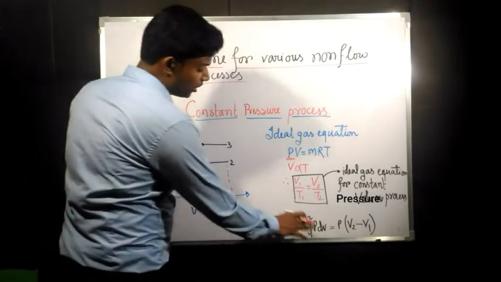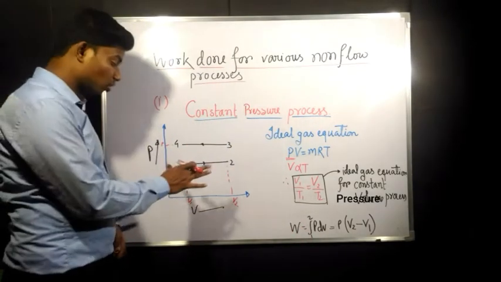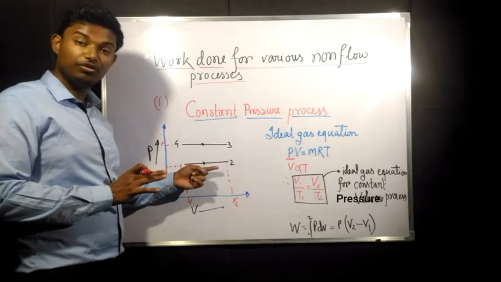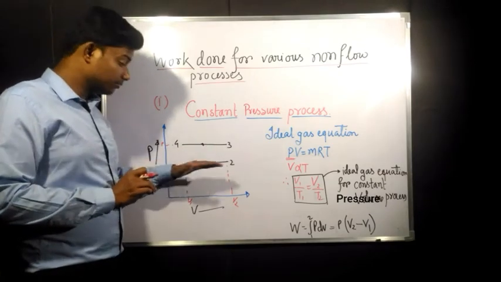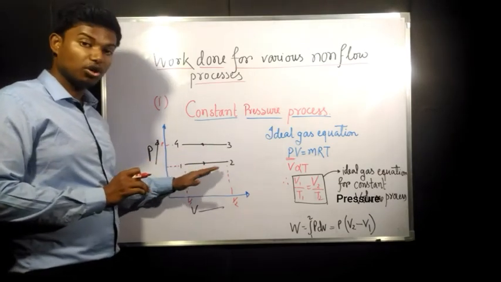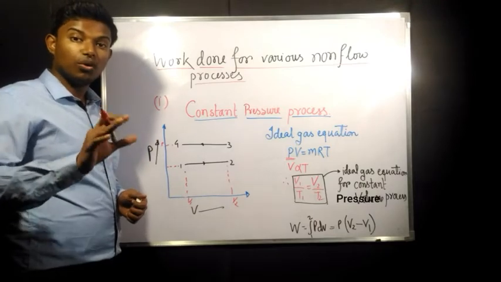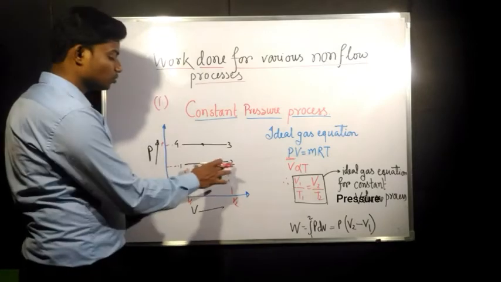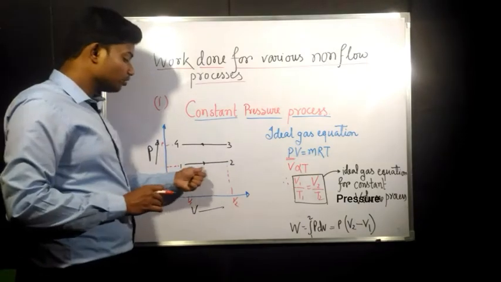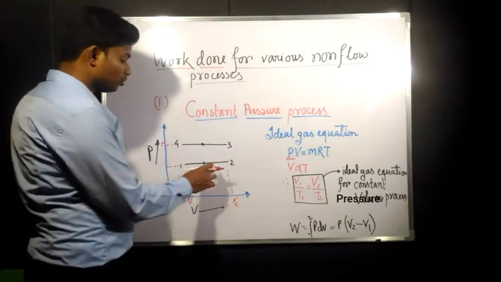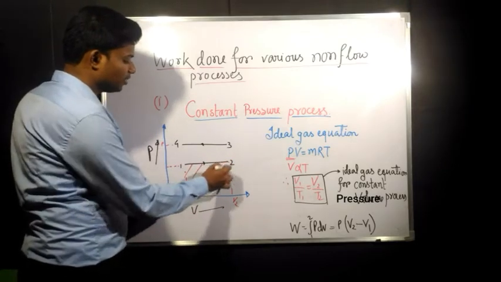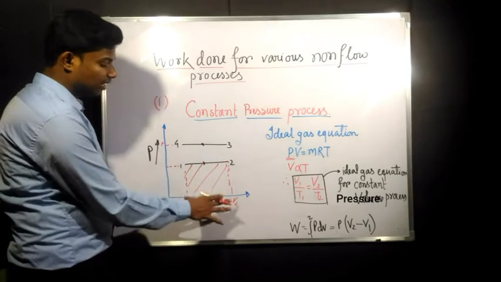We have said earlier that if we project the area on the volume axis of that plot, this will give us the work done. So let us take this one, 1 to 2, which is isobaric expansion. If we project this, what is going to be the area? This area is going to be this pressure into this distance.